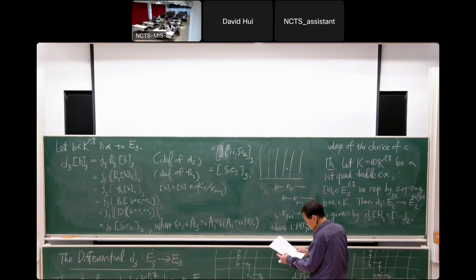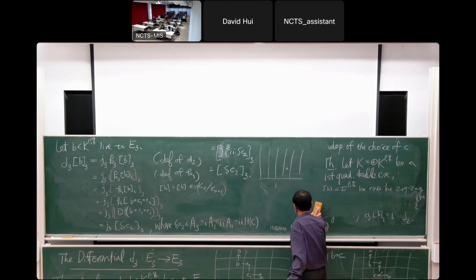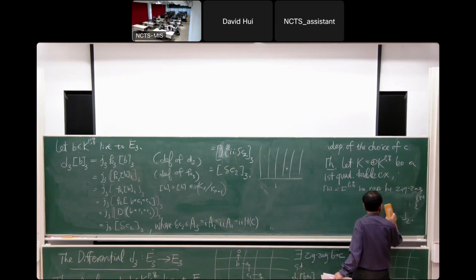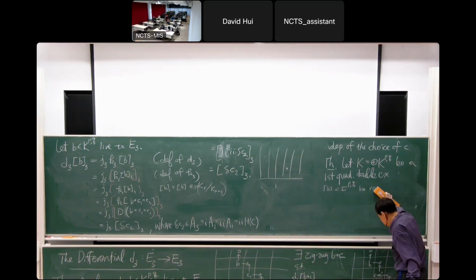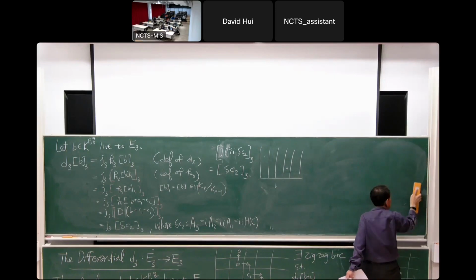Okay, so now we have a theorem. D3 is given by delta of the tail end.